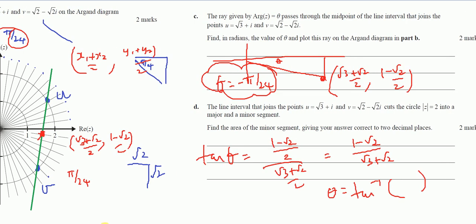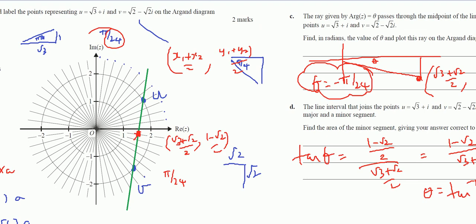Okay, lastly, part D. The line interval that joins those two dots, which I've joined, cuts the circle. It does cut a circle. So if I look at my circle, it's a circle that goes through there and there.